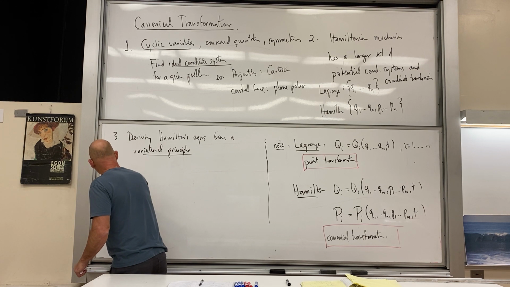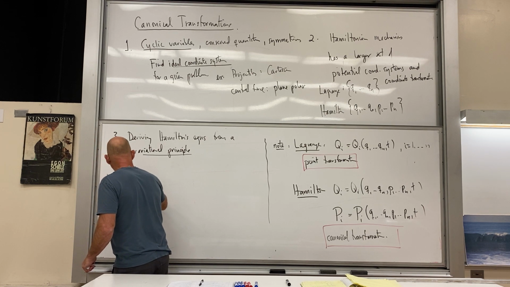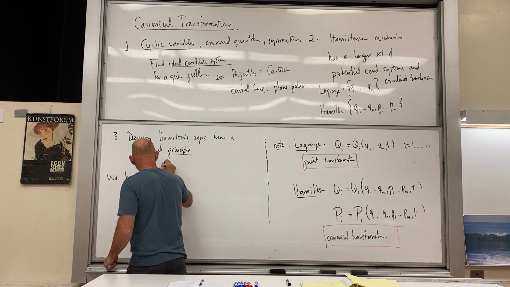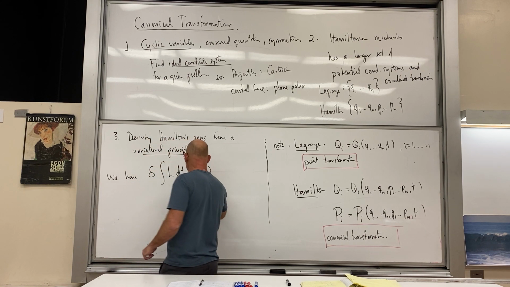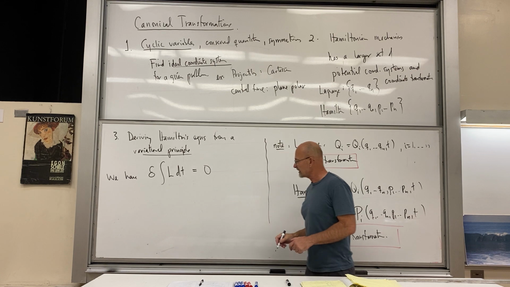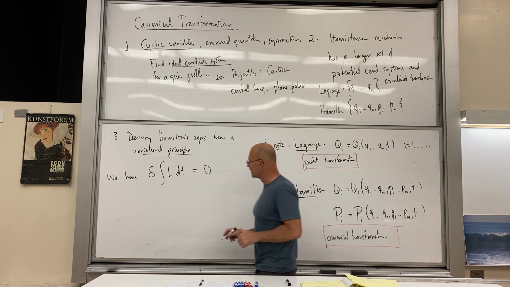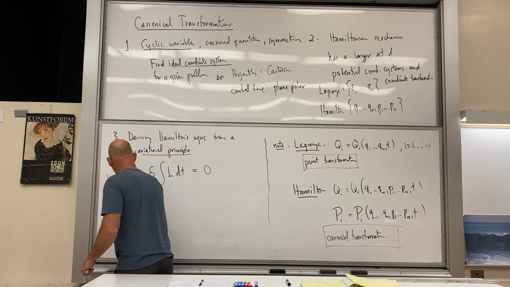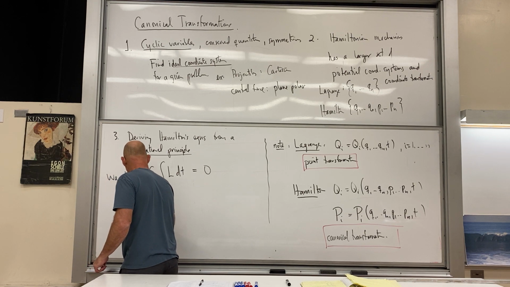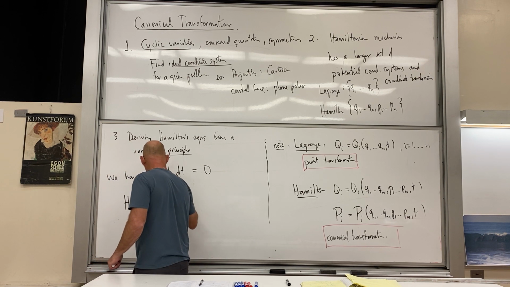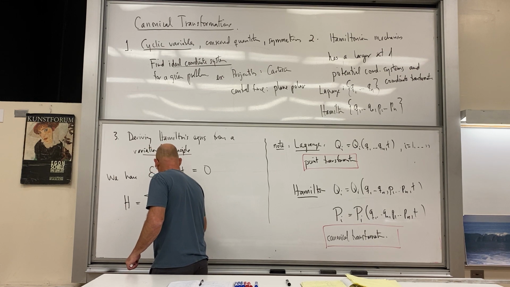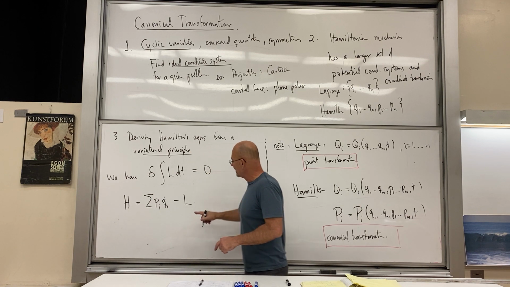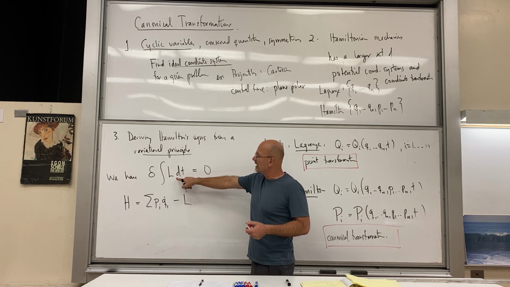here's what we've done so far. We have variation of the integral of L dt equal to 0. Now what we're formally going to do is the following. We're going to write H equals the sum over i of P sub i, Q sub i dot, minus L. Solve for L here and plug it into here.